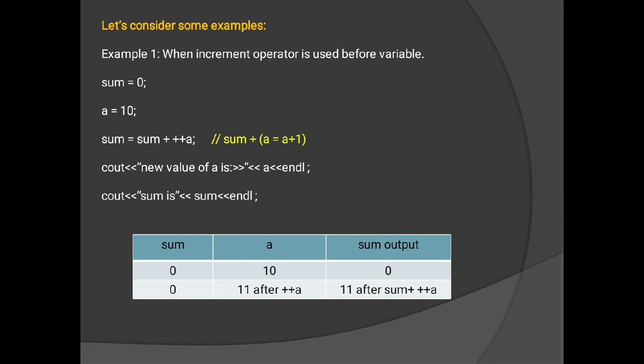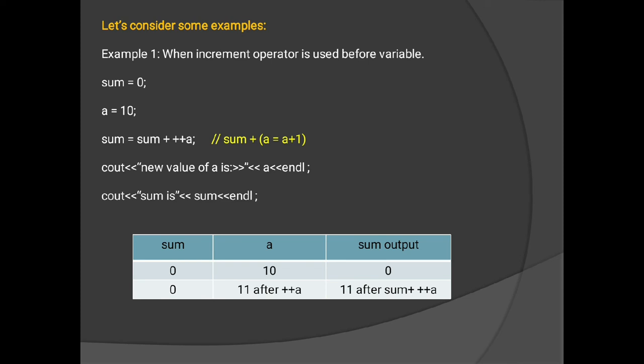Now in the next line, when you execute the statement, sum is 0, but after execution of ++a, a is 10, right? Since it is prefix, a will first be incremented, that is 10 plus 1, and that will be stored in the variable a.